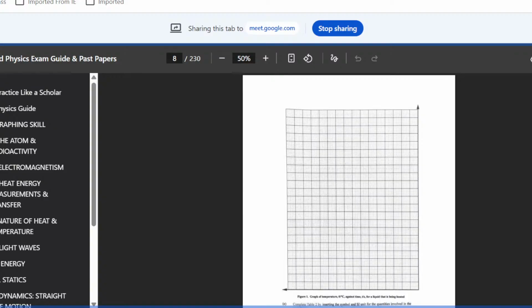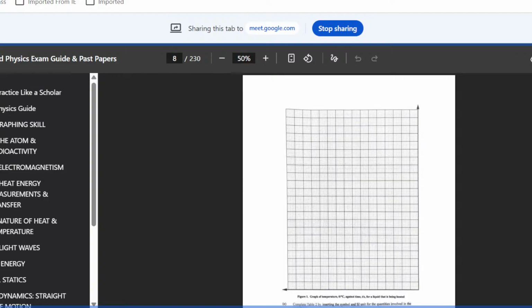Looking at this graph, it actually has some information. A lot of times you'll see a blank graph. All the sciences might have some kind of graphing component, but for physics the emphasis is on graphs.